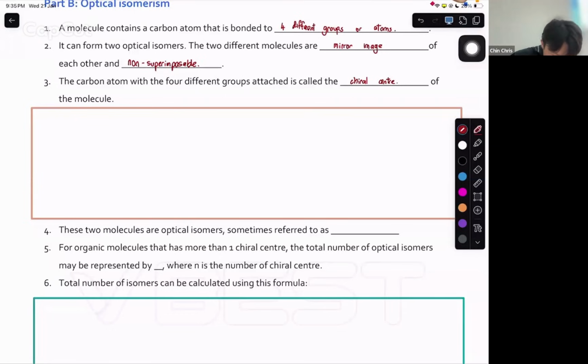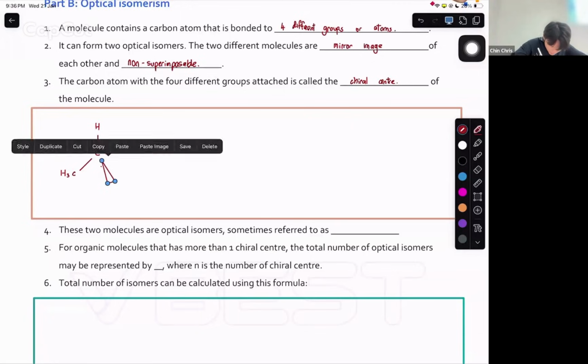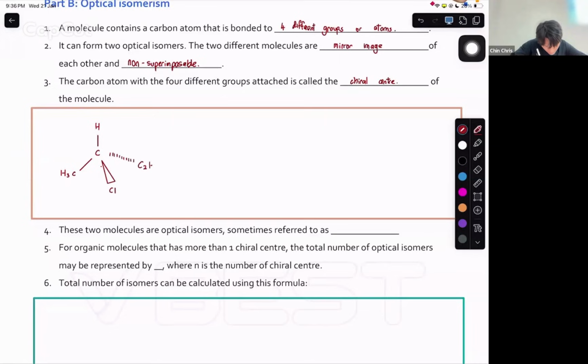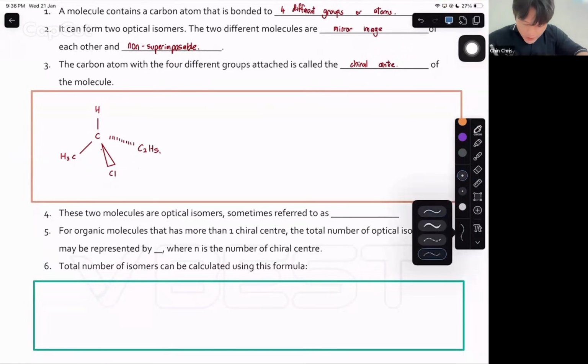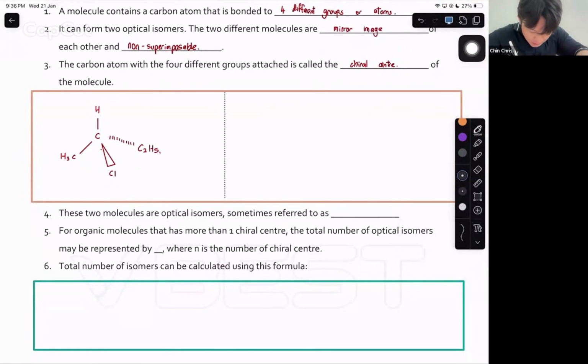Alright guys, a good example of how you draw: you have to draw out a mirror image. CH3. So guys, you have to draw a 3D model, yeah? So please draw a 3D model. And you put your mirror line here.